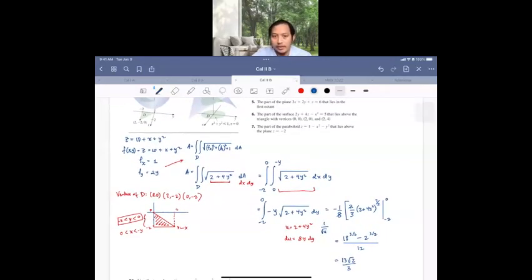Okay. So the idea is to take the surface, take the partial x, partial y, and then you can take it on the surface area. Okay.